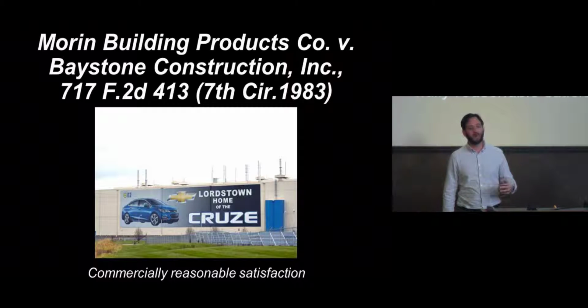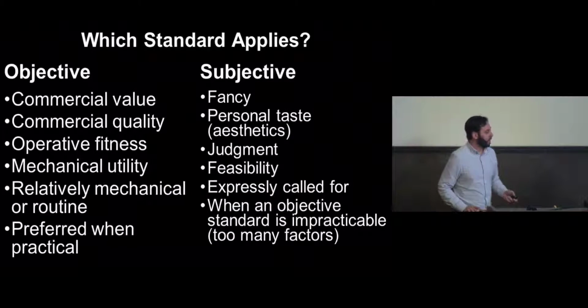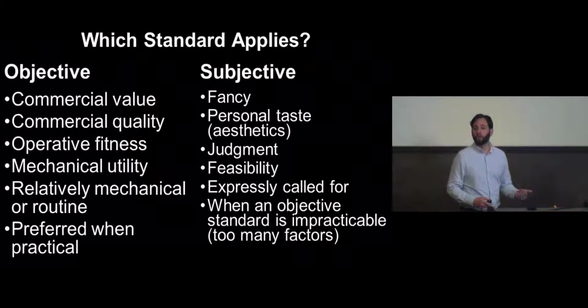But the court did not give them that standard because it was an aluminum siding on a building. And so we then learned, when are we going to apply an objective standard, when a subjective standard? Well, we see that the courts strongly prefer the objective standard, going so far in Moore and Building as to overriding the writing to get to that result.